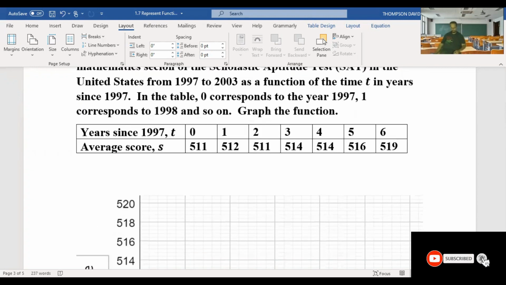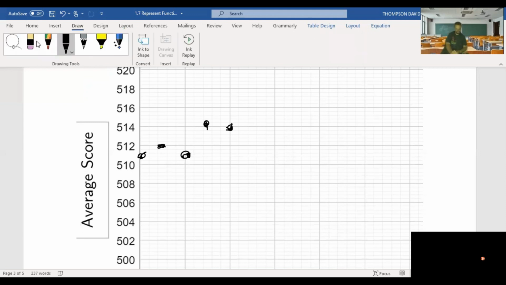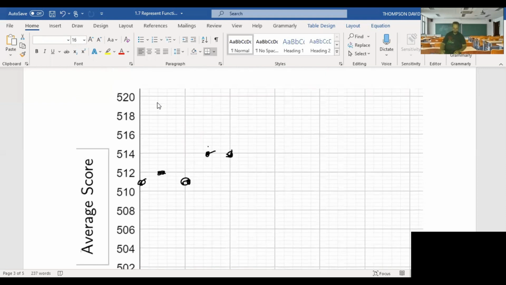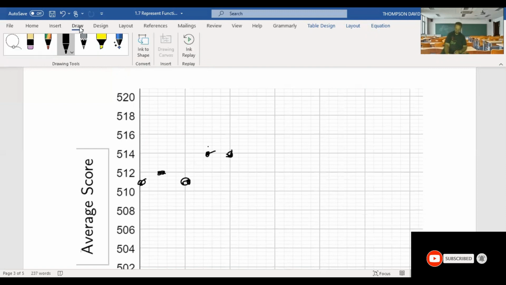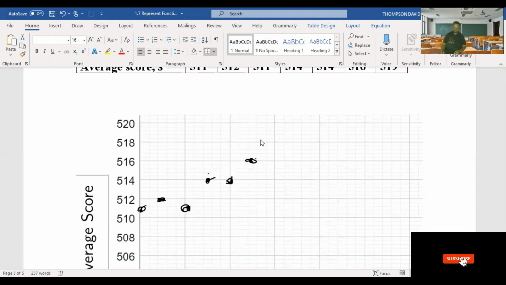We have 3 and 514. 4 and 514. 5 and 516. And then 6 and 519. And we were done graphing.